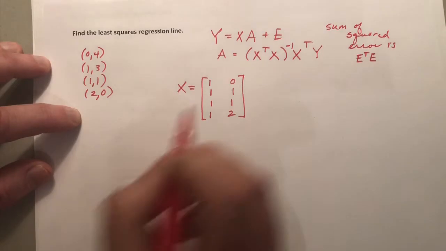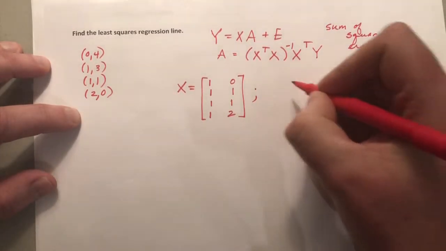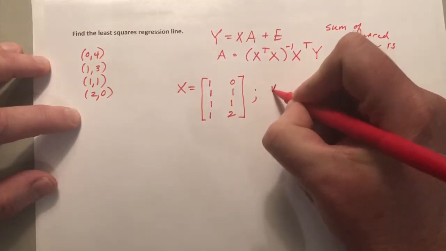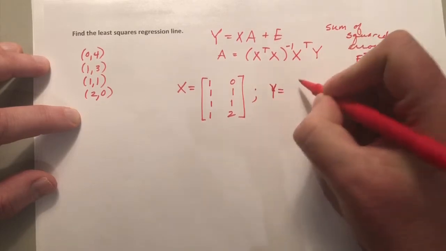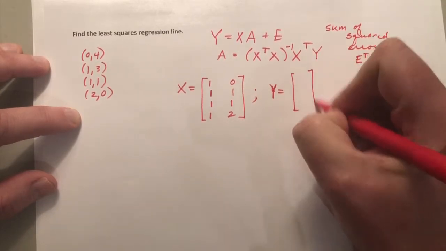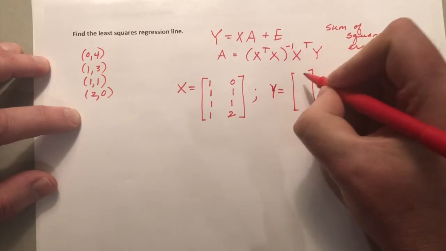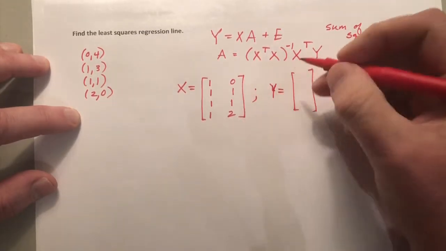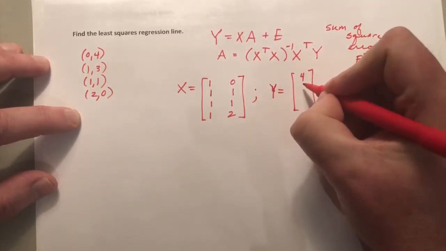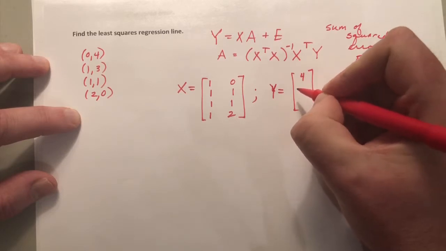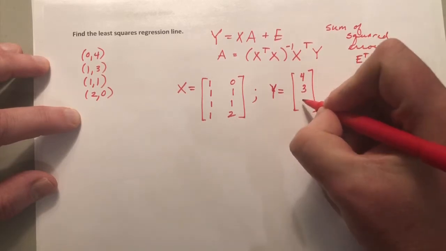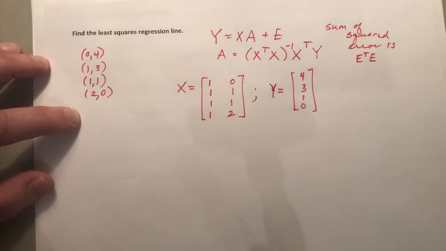So that's my X. Now, Y, the matrix Y, is always just the y values corresponding to the x values you just wrote down. So in the data points, 4, 3, 1, and 0.